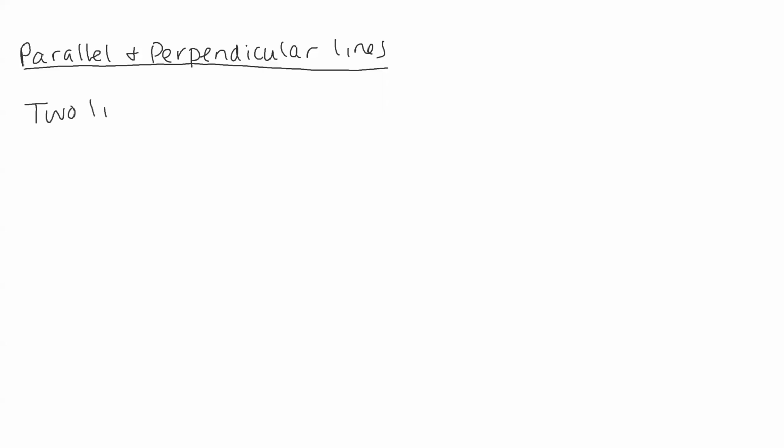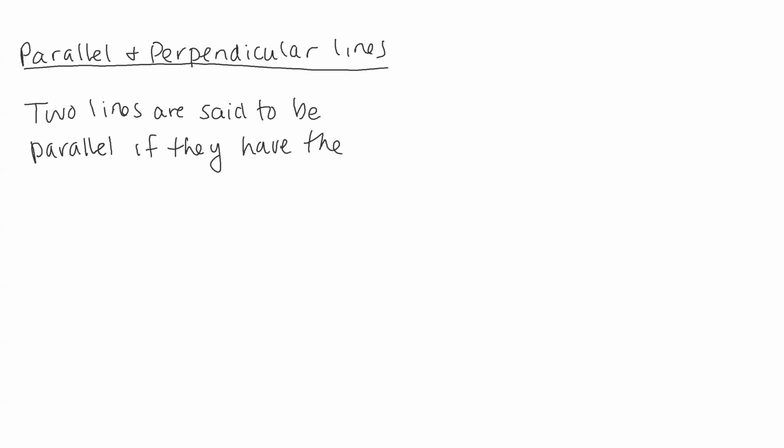Two lines are said to be parallel if they have the same slope but different y-intercepts.